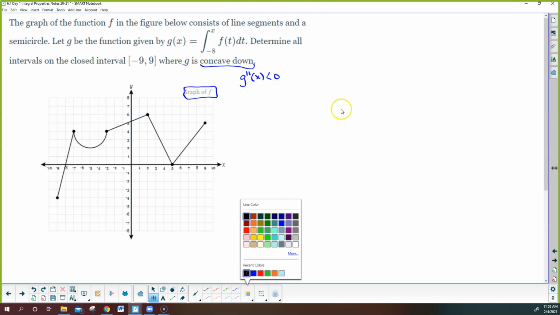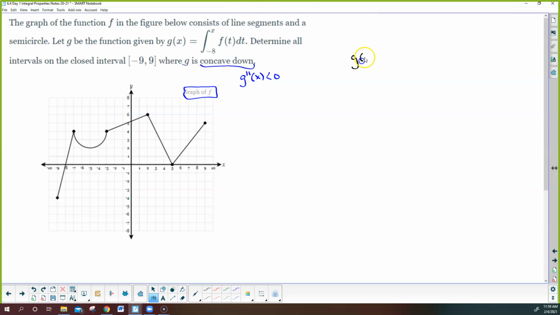Okay. Now, chain of command here, basically. We know what regular G is, right? G is the area under the curve. So what if I take the derivative of that? Well, the derivative and the integral are going to go away.